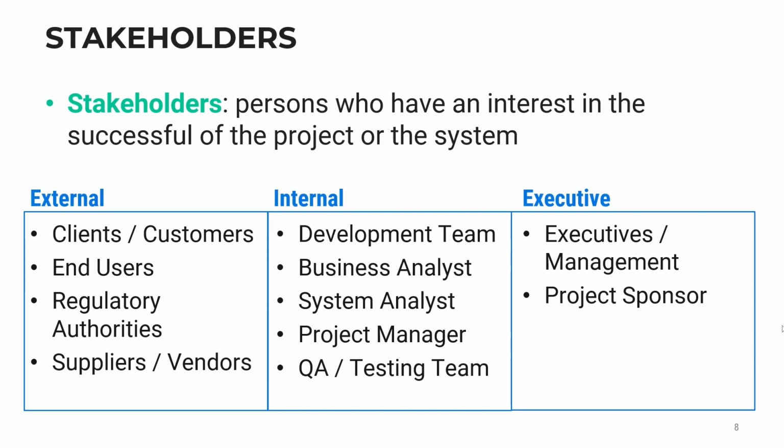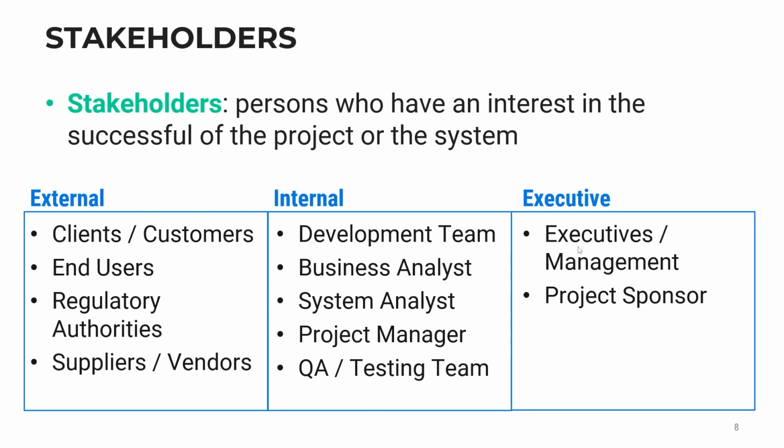So these two, executives and management, are managers of the software developers team. They want to make sure that everything goes as planned. But not really.